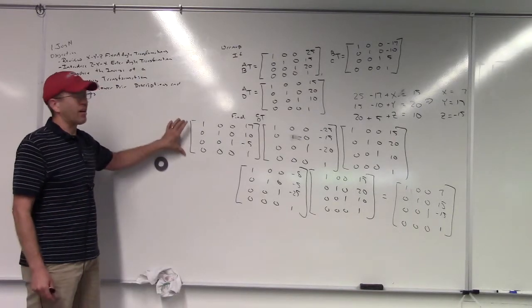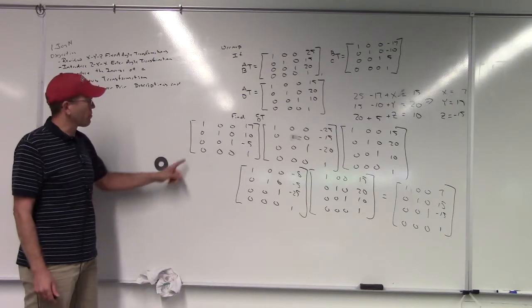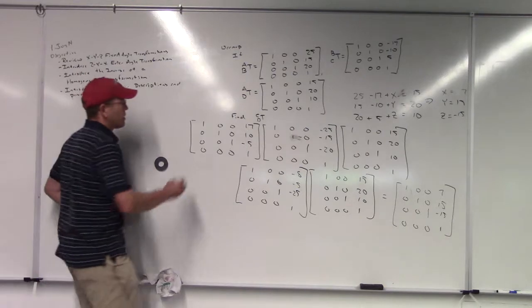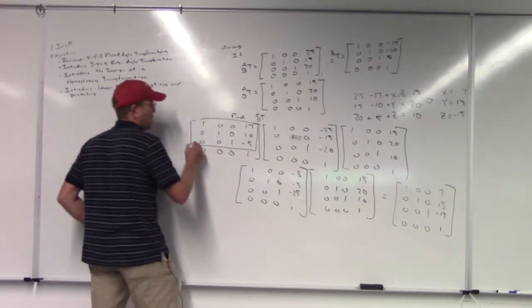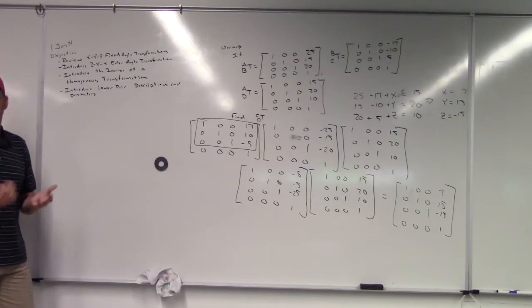So this is our frame description, and ideally that's what we're after. Now, one of the problems with this format is that we're introducing 12 parameters to describe the position and orientation of this frame. And that's a whole lot of parameters to keep track of.